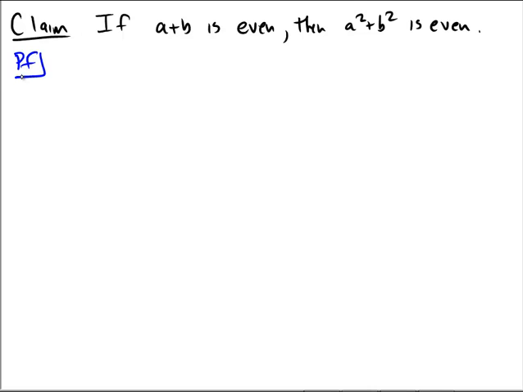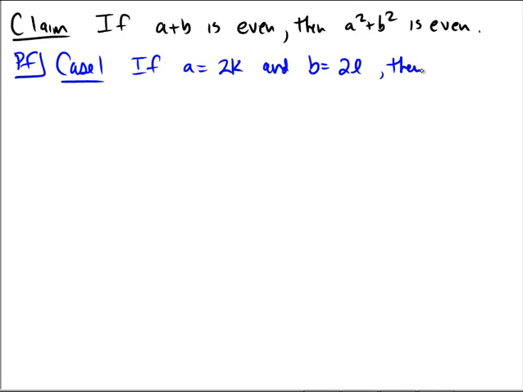Proof. If a plus b is even, then a squared plus b squared is even. Case 1. If a equals 2k and b equals 2l, then a plus b is equal to 2k plus 2l, which is equal to 2 times (k plus l).